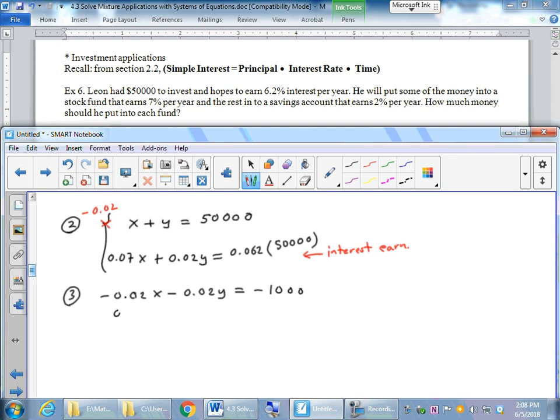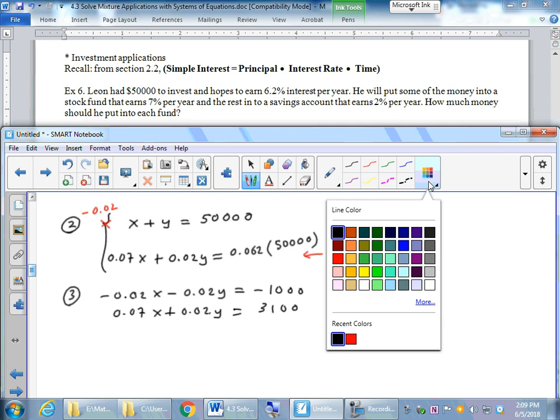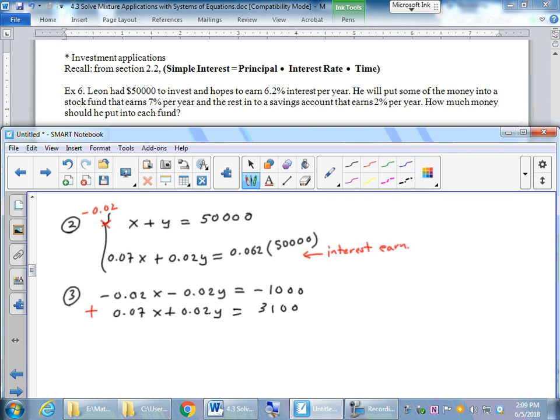So 0.07x plus 0.02y equal to, now I'm going to use a calculator to multiply 50,000 times 0.062. That gives us 3,100. And we add these two equations together.